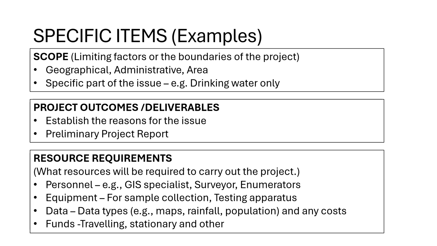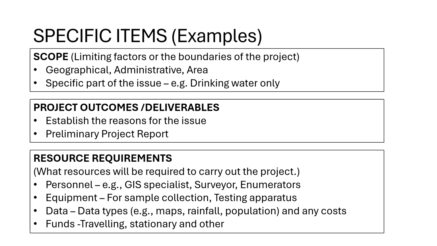The next part in chapter 1 is resource requirements. What resources will be required to carry out the project? In any project, initially, we have to see what resources are required because we need to find out the cost of the project, right? For example, our resources can be divided into a few different groups.